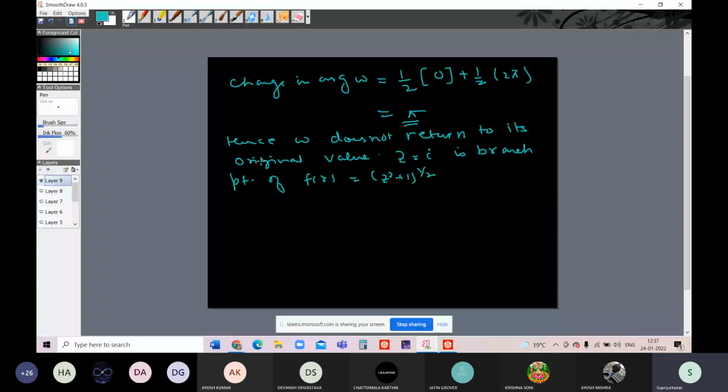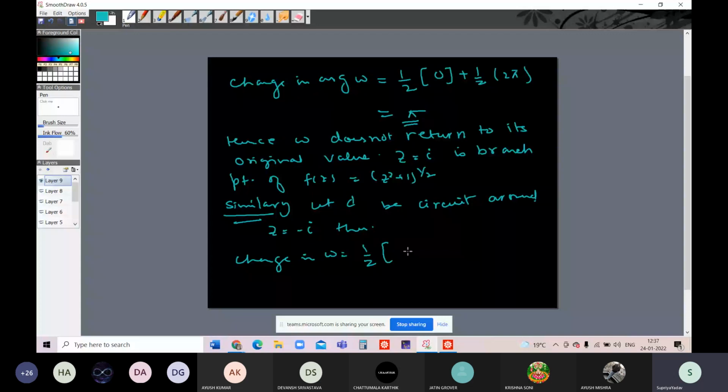we are not writing it out for z minus I now, but you can also say, let C be a circle, or C dash be a circle, or circuit, whatever you want to write, around z is equal to minus I, then after one complete round the change in W, 1 by 2 change in z plus I will be 2 pi, but the change about z is equal to I will be 0.